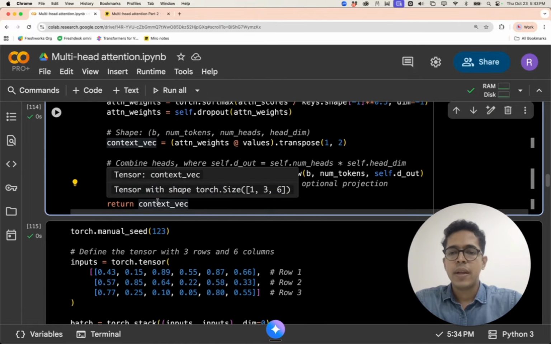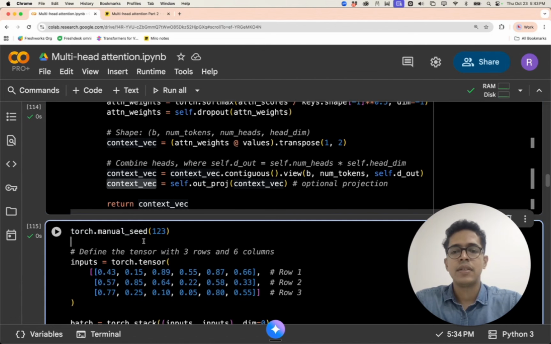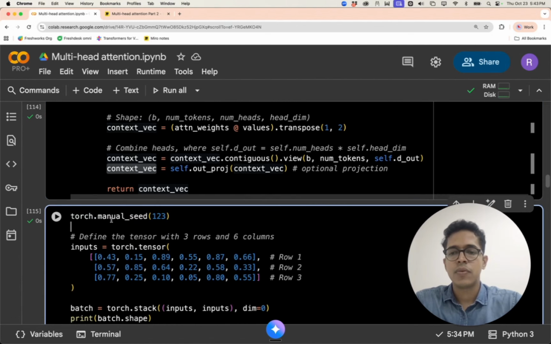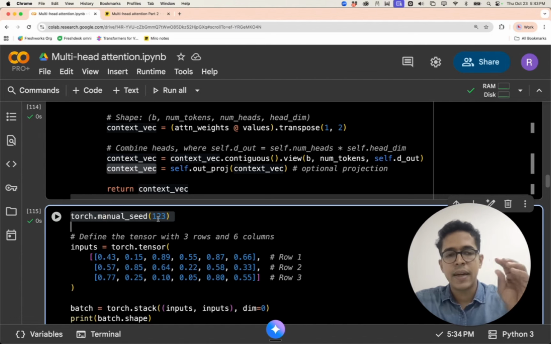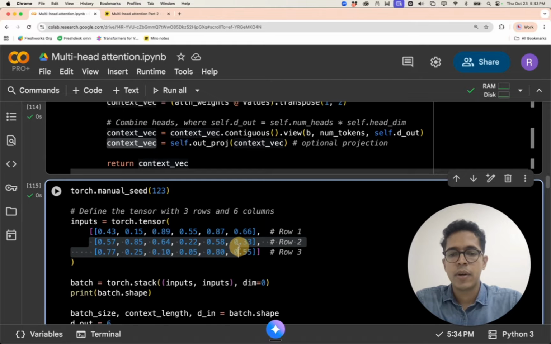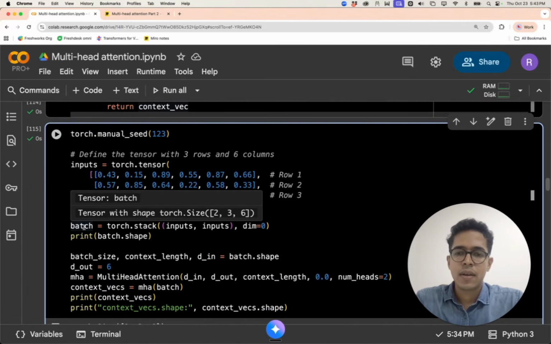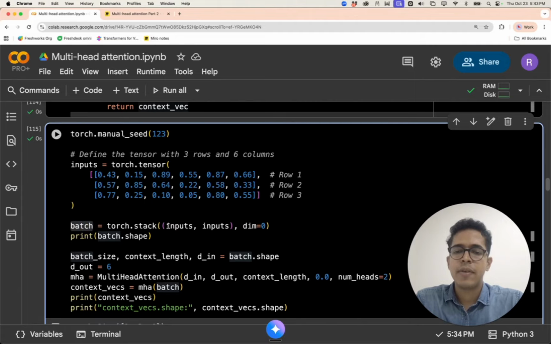Now we can simply define an object which is an instance of this class. So first we define torch.manual_seed for seeding the random number generator. Now the inputs are 3 tokens: token number 1, token number 2, token number 3, each being dimension 6. After that, I am defining 2 batches.